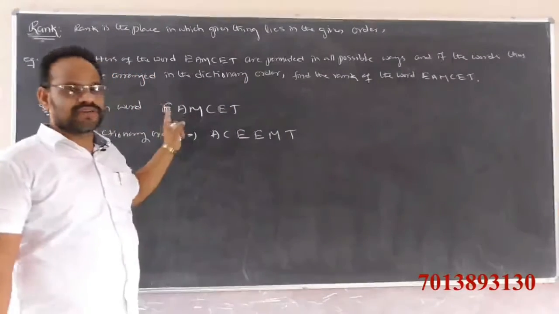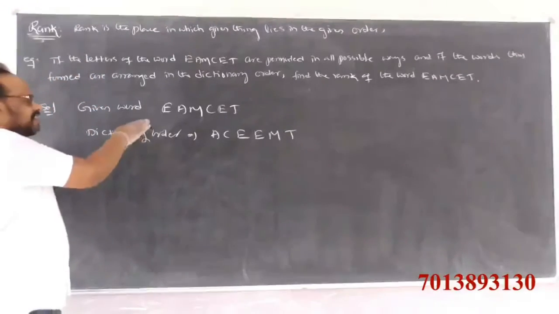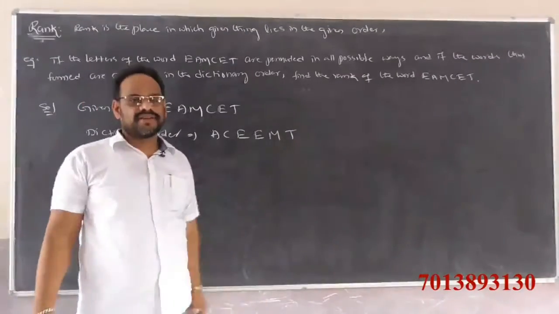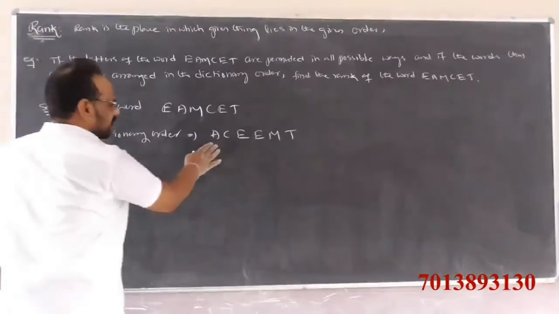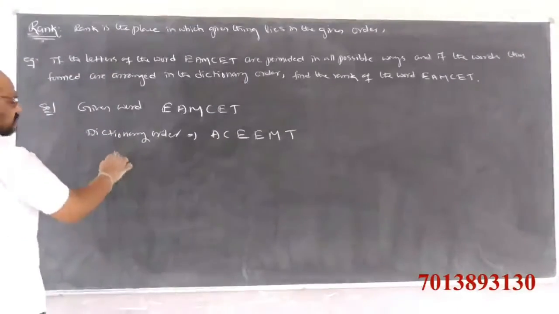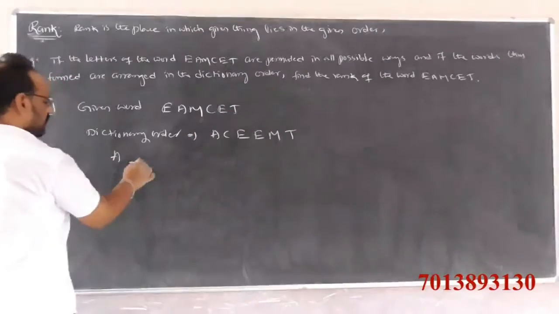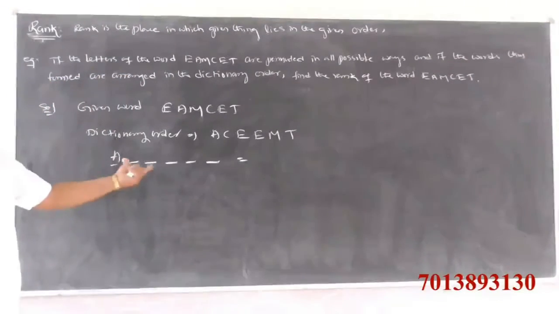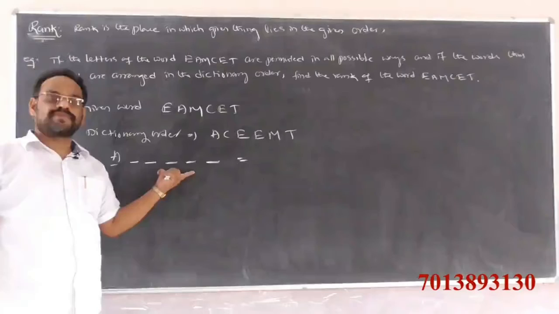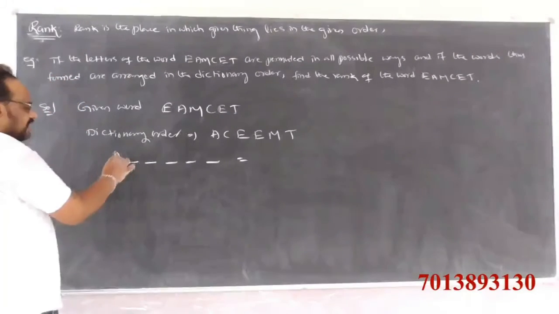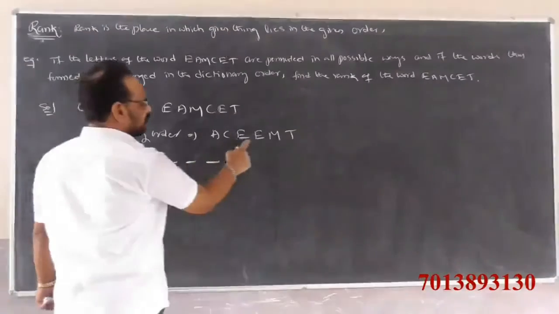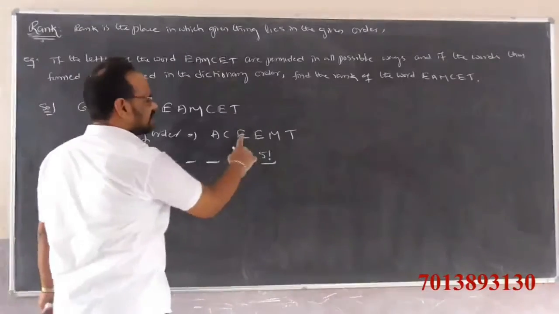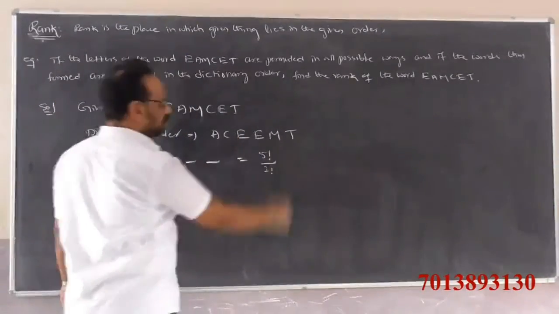So first write the given word and the dictionary order, ACEEMT. In dictionary order, first starting with A, we have 5 blanks. How many ways to fill these 5 blank places? Remaining 5 letters, so 5 factorial, and since E is repeated 2 times, divided by 2 factorial.